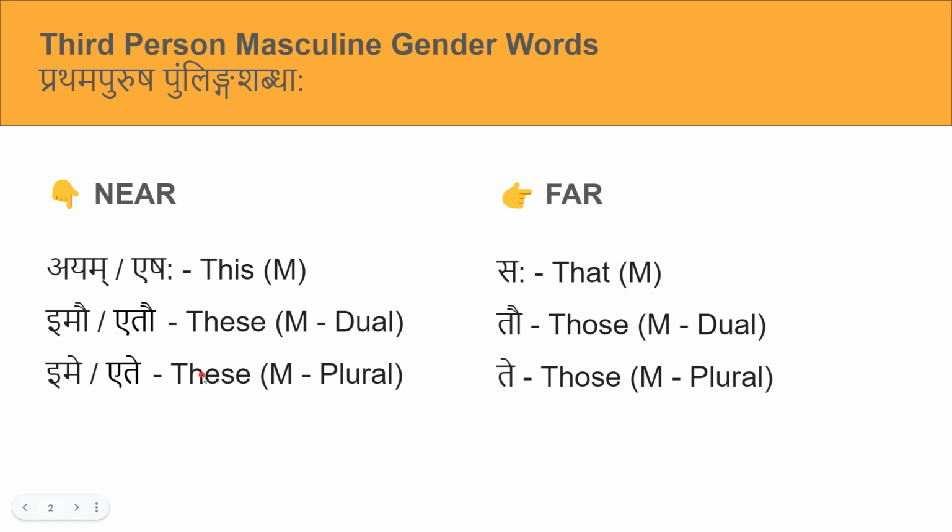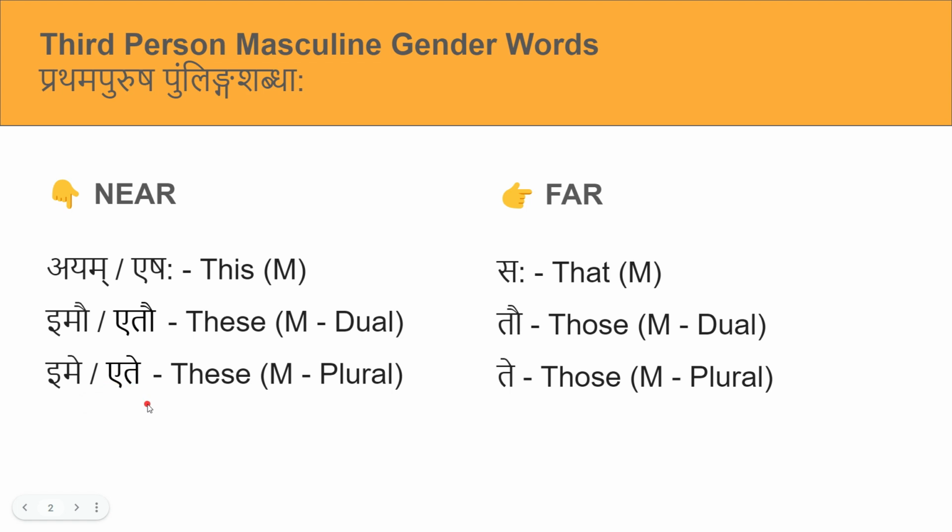Now, please note that in the Sanskrit language, there are two types of plurals. We have the dual set of plural. That means if there are two things or two people, to refer to them, we use one form of plural word or pronoun, and to refer to more than two objects or people, we use another set of pronouns.